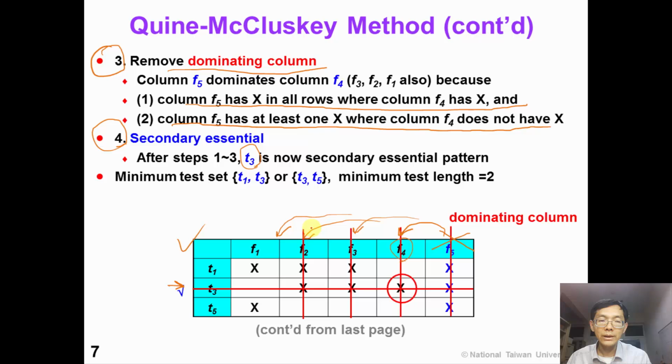After we select T3, we can detect F2, F3, F4. We are now left with only F1. We can either select T1 or T5. So the minimum test set is T1, T3, or T3, T5. The minimum test length is 2.